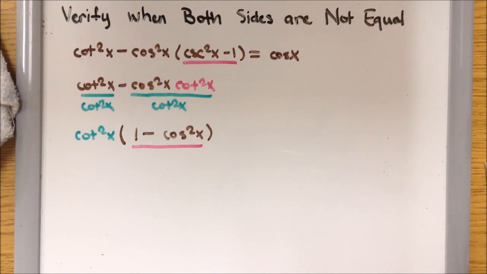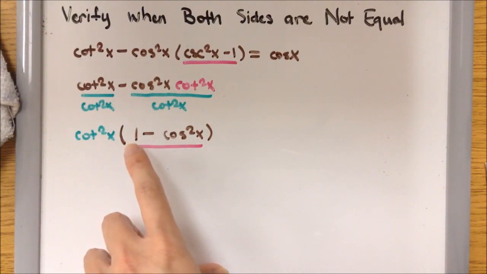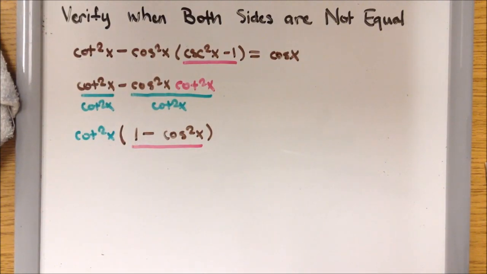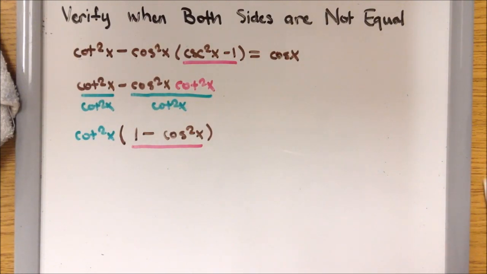So as I'm reviewing, the cosine is squared and then there's a 1. So that means maybe I can apply a Pythagorean identity, which I can. Using the correct identity and rearranging it to match 1 minus cosine squared x, the only thing that can replace it is sine squared x.